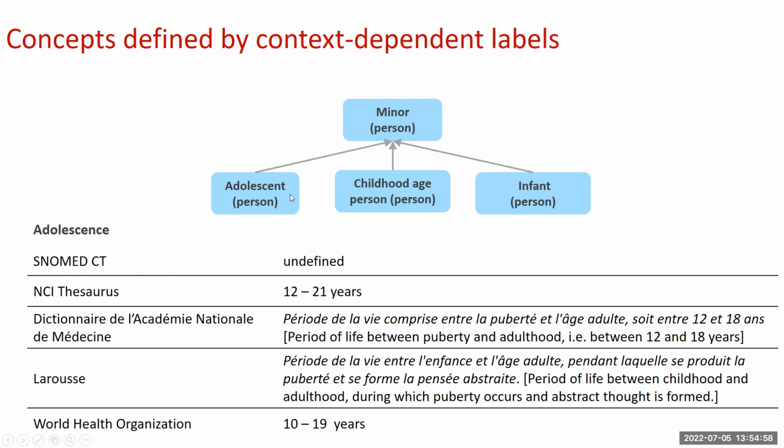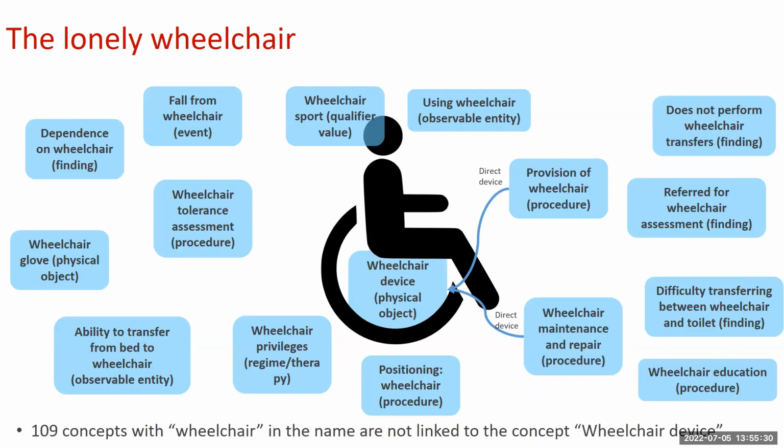So I would say that such concepts are really not very helpful. The question is whether you should perhaps have several concepts for this, not defined by such a fuzzy name, but by intervals of years. For instance, 12 to 21, and another one 10 to 19, and you could still have adolescent as a synonym.